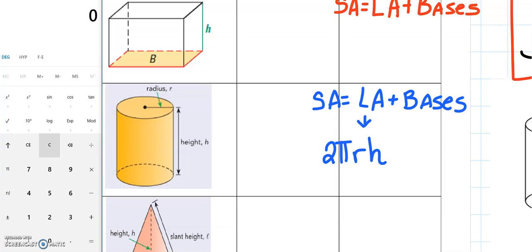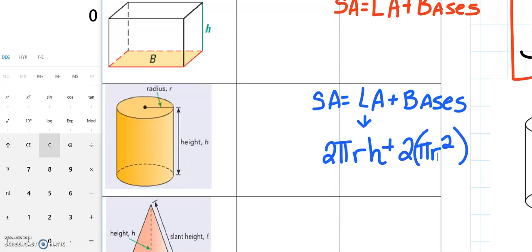And then for your bases, we have two circles, so we're going to put 2 times the area of one circle, which is pi r squared. So this is the formula for surface area. Get the lateral area, the curved portion, which is 2 pi r h, and then add the area of each of your bases. And each of your bases is a circle, so it's going to be pi r squared. And we have 2 of them.